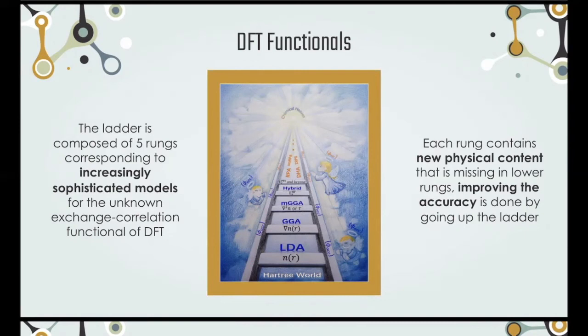So first we have the simplest one, which depends on the electron density, and it is known as the local spin density approximation. These are exact for uniform electron gases. However, they are not really good for calculating molecular properties.